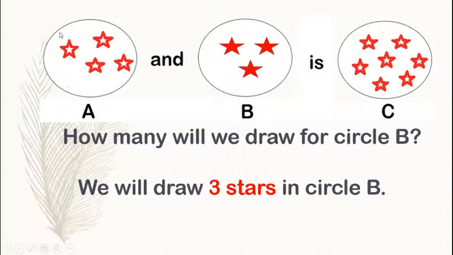If we add circle A and B, we will check if it is correct for the total of circle C. Let's count. 1, 2, 3, 4, 5, 6, 7. So by counting the objects, we can also find out how many we need to draw or add to get our missing objects.